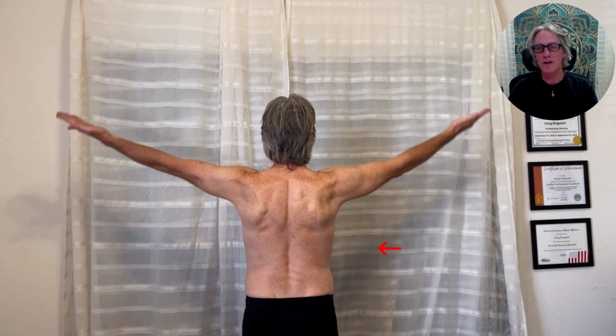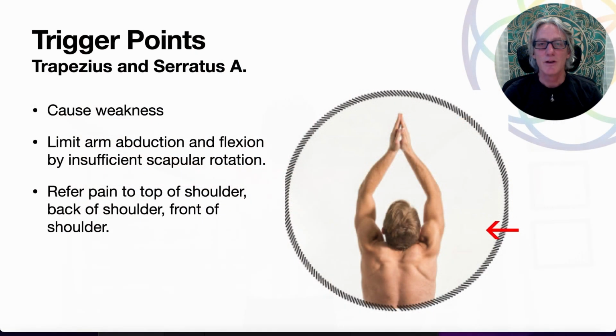In a yoga class, this is fairly easy because you have them doing this type of motion a lot. If someone's scapula aren't rotating properly and they don't have full arm abduction, you will see it. Here's an example of someone just raising their arms up overhead, a very common move in yoga. You'll see this on a lot of people where they can't keep their arms straight and touch their hands together.